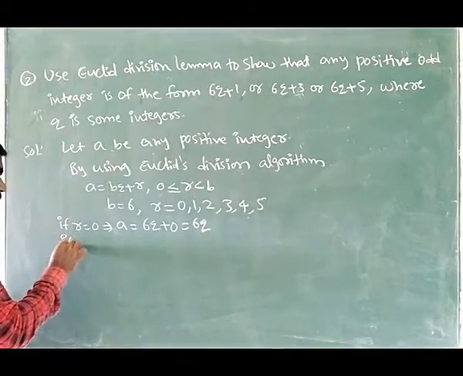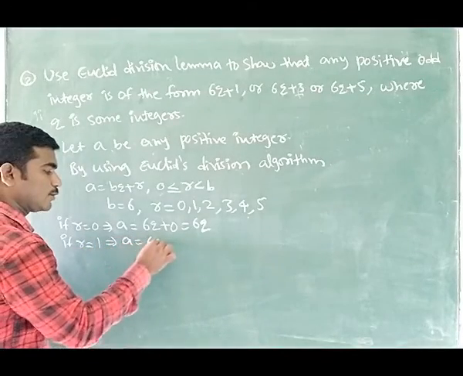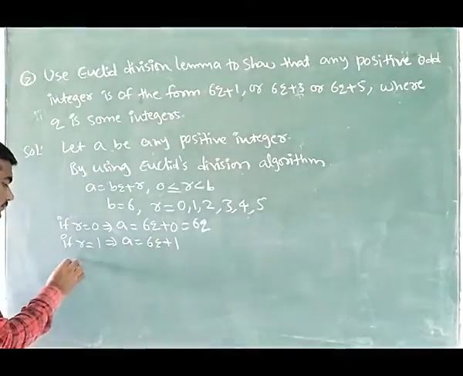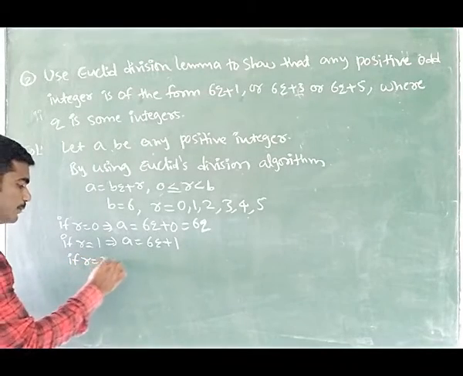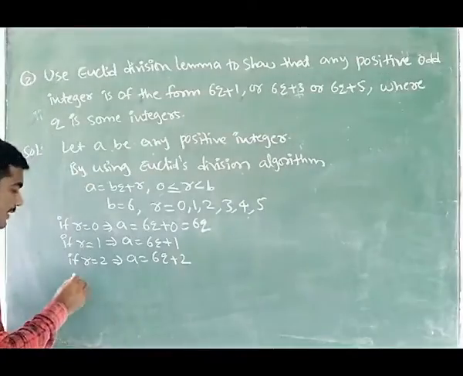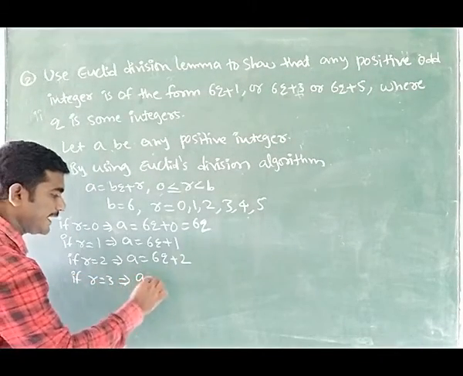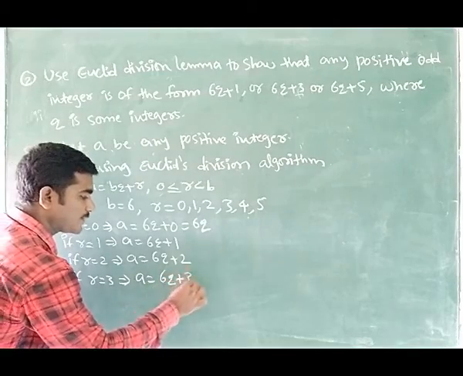Next if R is equal to 1, then A is equal to 6q plus 1. If R is equal to 2, A is equal to 6q plus 2. If R is equal to 3, then A is equal to 6q plus 3.